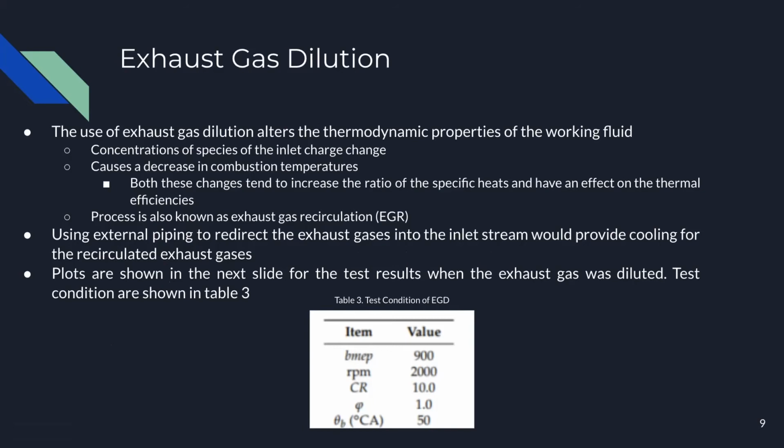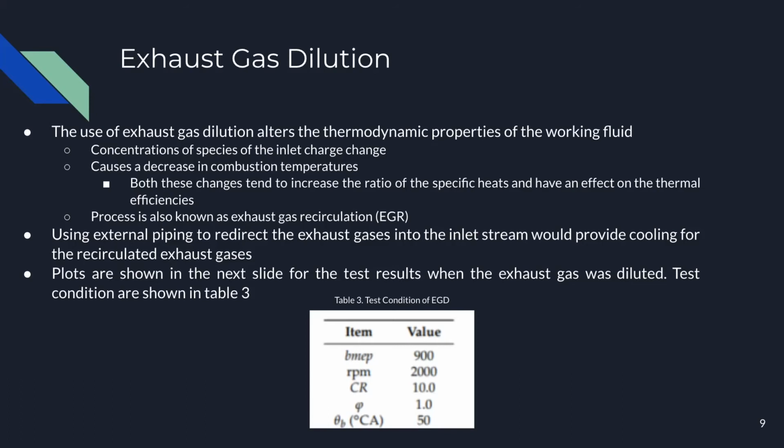So there's more cooling for the recirculated gases. This method alters the thermodynamic properties of working fluids in the engine, causing concentrations of the inlet to change. And it also causes a decrease in the combustion temperatures, which both directly affect the ratio of specific heats and thermal efficiencies.